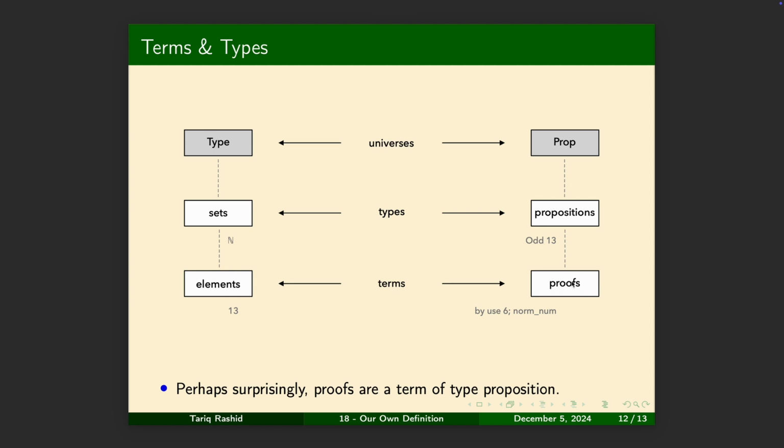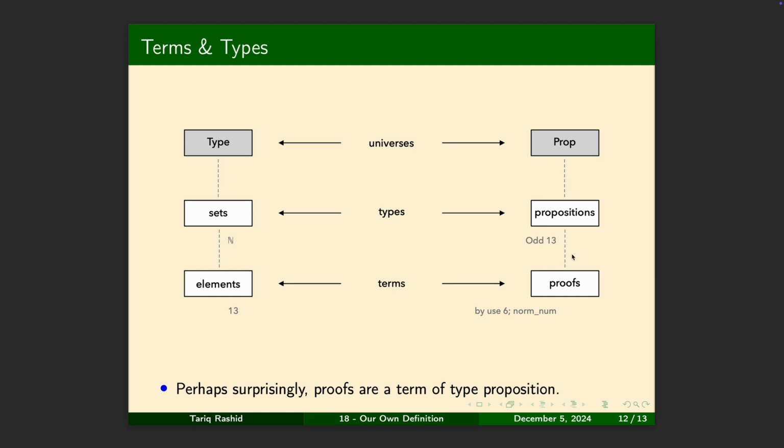Now this is the bit that surprises new people. Surprised me for sure, in a pleasant way, but it's definitely a surprise. In the same way, 13 is an element or a term of type natural number, proofs are a term of type proposition.